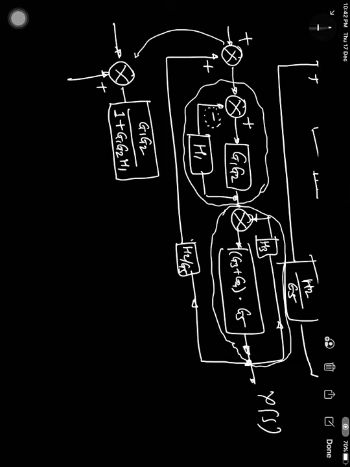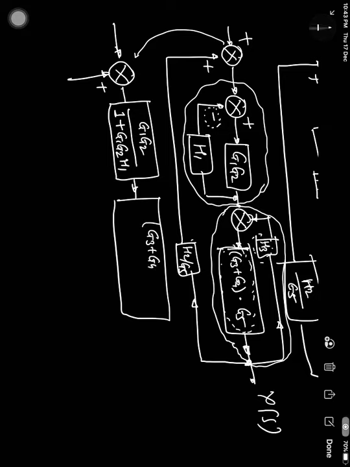Then next, about this particular block, the equivalence will be, this is now the forward function and this is a feedback function. So what we will do is G3 plus G4 into G5 divided by 1.